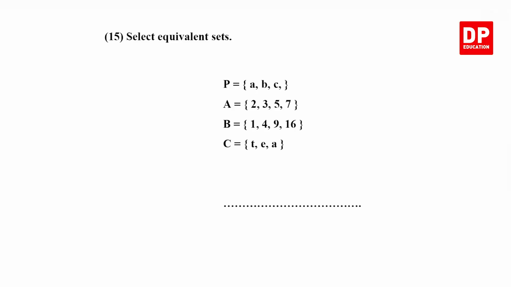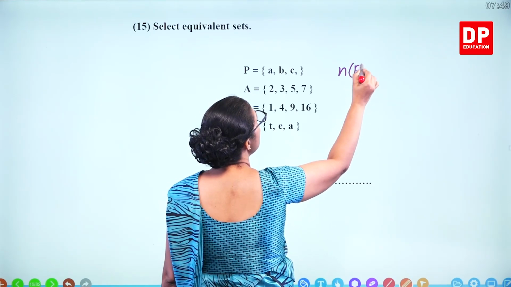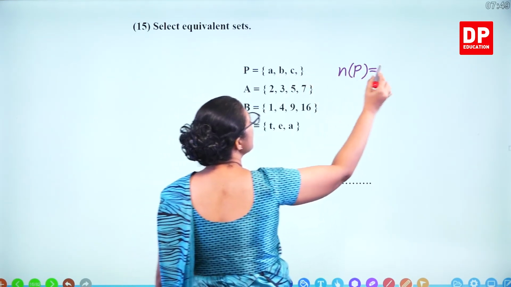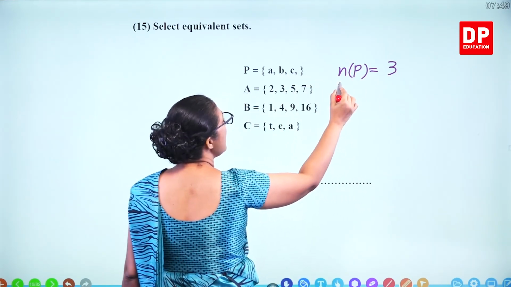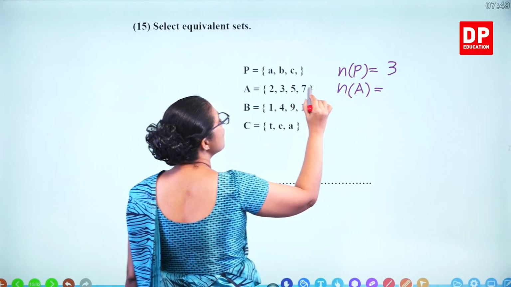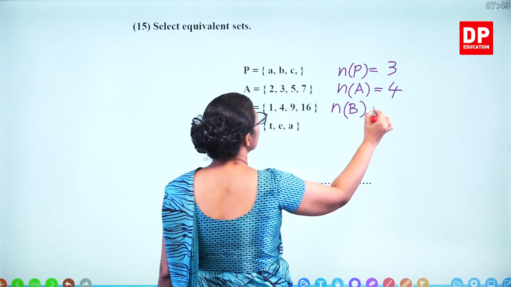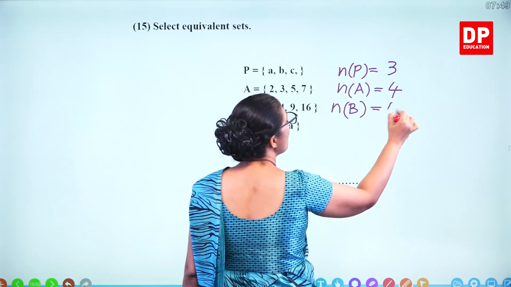Select equivalent sets here. We have to just count number of elements in P. 1, 2, 3. In A, 1, 2, 3, 4. In B, 1, 2, 3, 4.